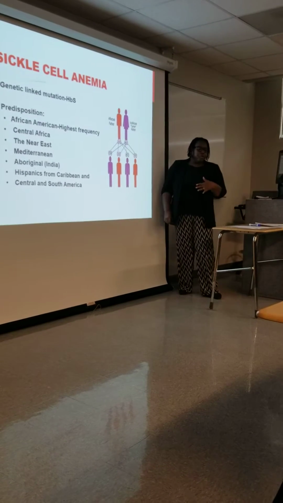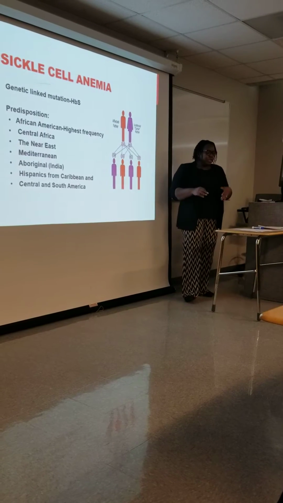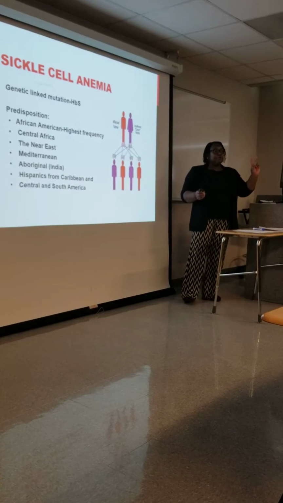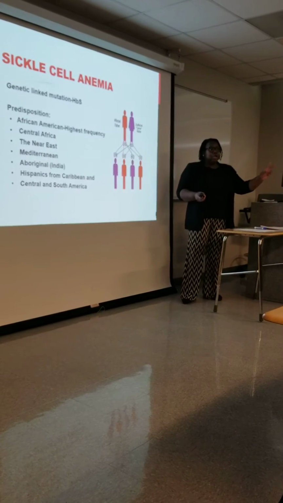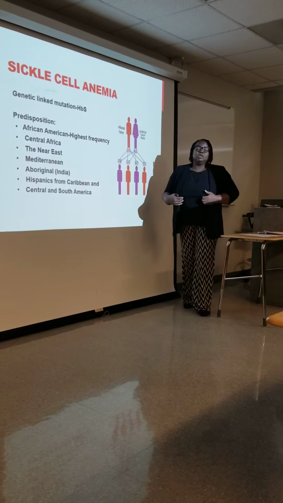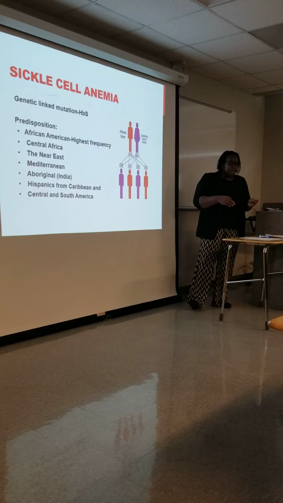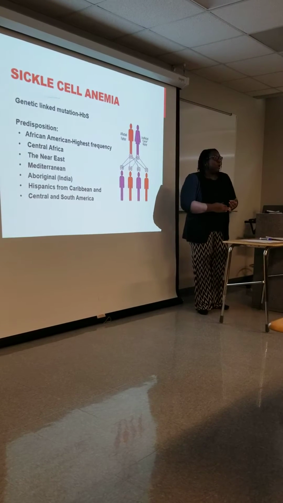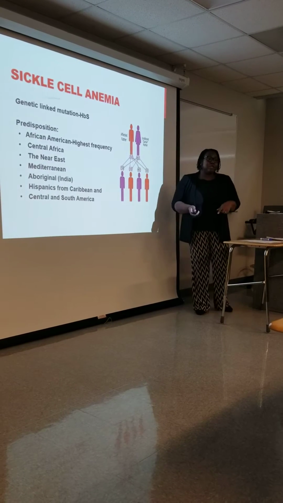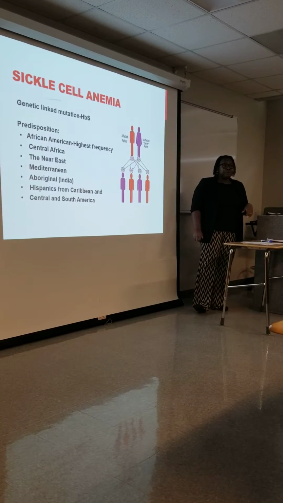So just a little background, it's what we call an autosomal recessive gene. Basically it takes 2 copies of the trait or the gene in order to have a child who will have sickle cell. That's what autosomal recessive means. About 1 in 500 African Americans have sickle cell disease, and 1 in 12 have the trait.